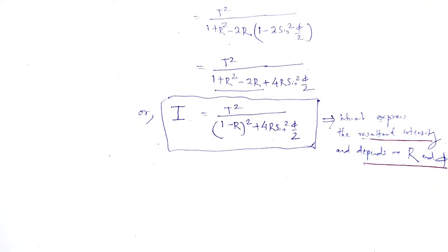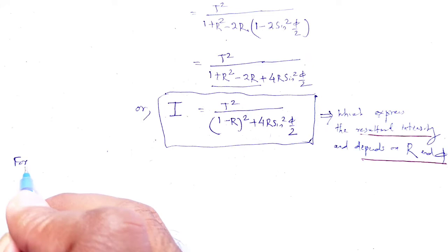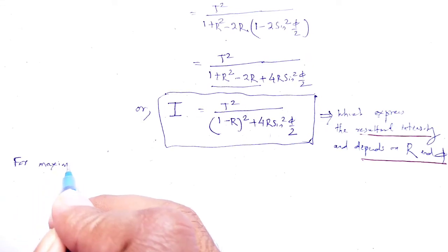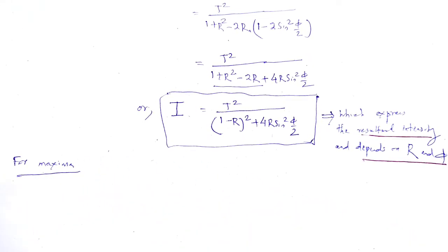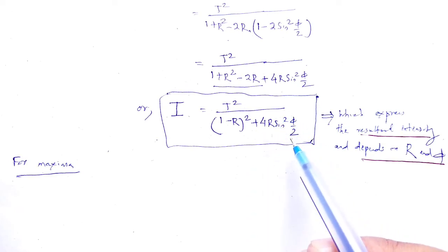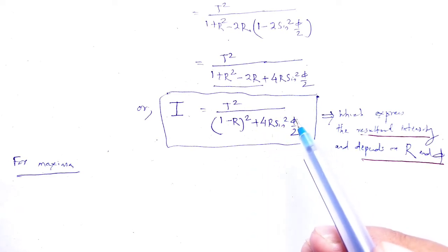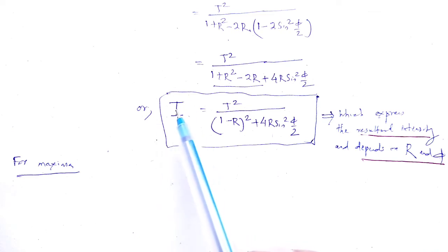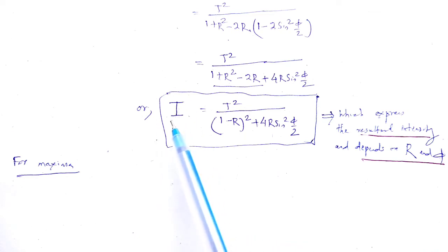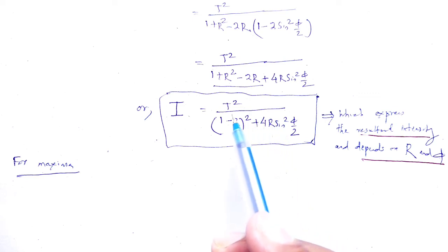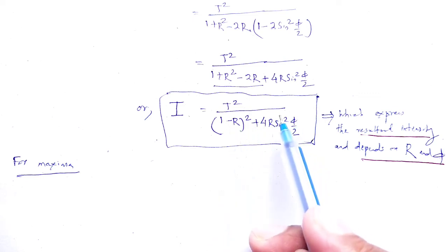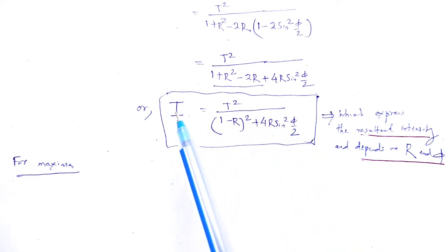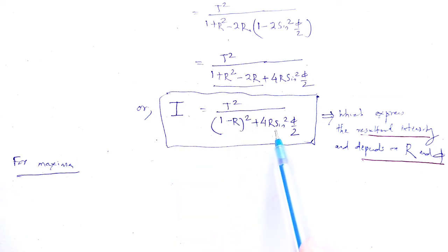Then the condition for maxima: the denominator term must be minimum, so I will be maximum. When the denominator is minimum, we obtain the maxima. The minimum value of sin square phi by 2 will be 0.